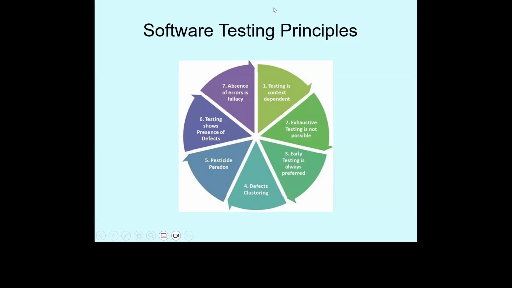So this application should work perfectly with 4G, but you are testing with a 5G SIM, maybe on your mobile phone, with a 5G internet connection. Then what will happen? Will your testing result be correct?